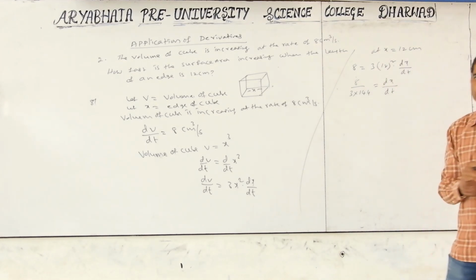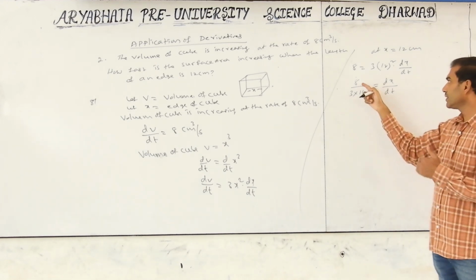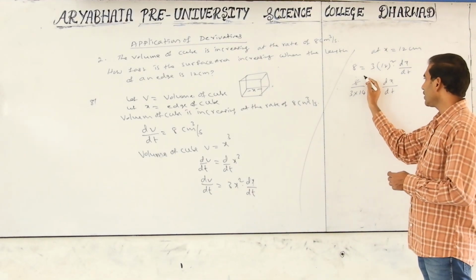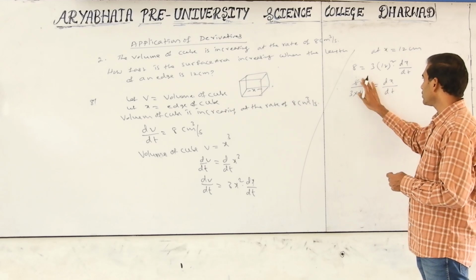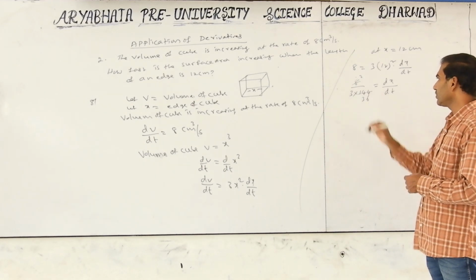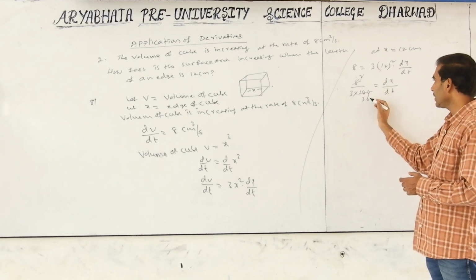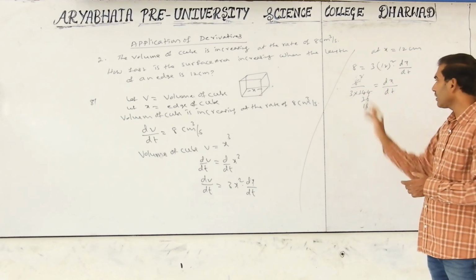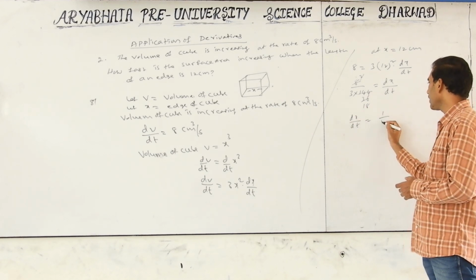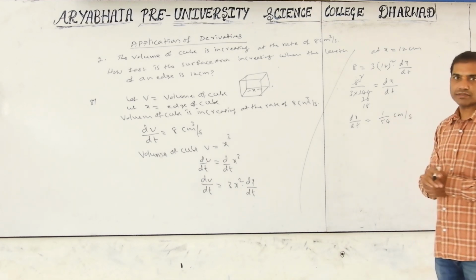What is the meaning of this? x means the edge of the cube. So the rate of the edge of the cube is 8 by 3 into 144. Cancelling, we get dx by dt equal to 1 by 54 centimeter per second.